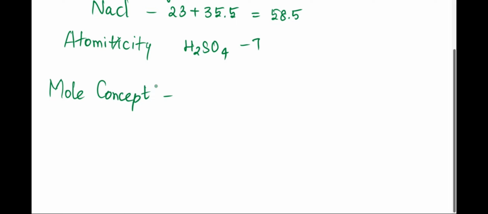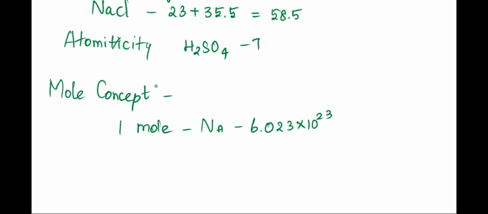More importantly, we use 1 mole is equal to Avogadro number or Avogadro's constant, also referred to as Na, not sodium, which is 6.023, sometimes 6.022, into 10 to the power 23 entities.